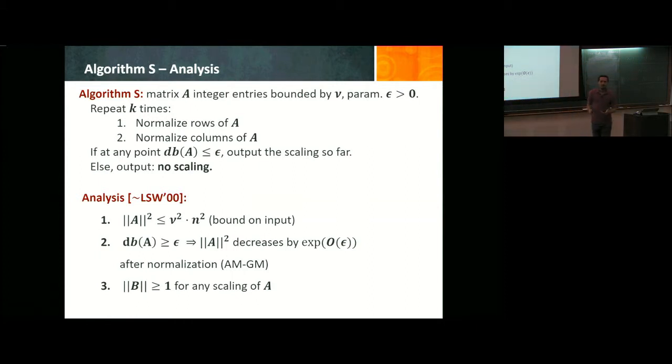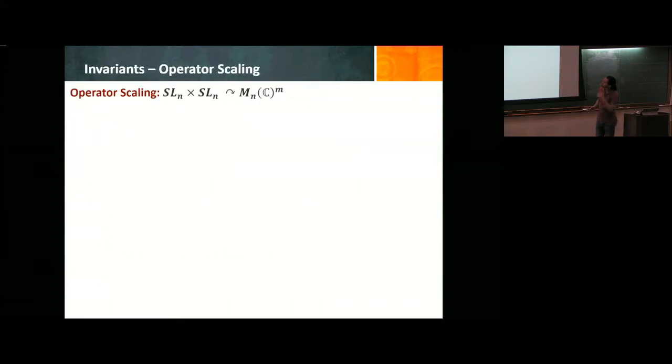This is how we use invariant theory to solve this problem. This is how this scaling algorithm solves the null cone problem for the diagonal action. So far, so good? Now let's generalize this proof to show how we can solve the operator scaling problem using invariant theory.